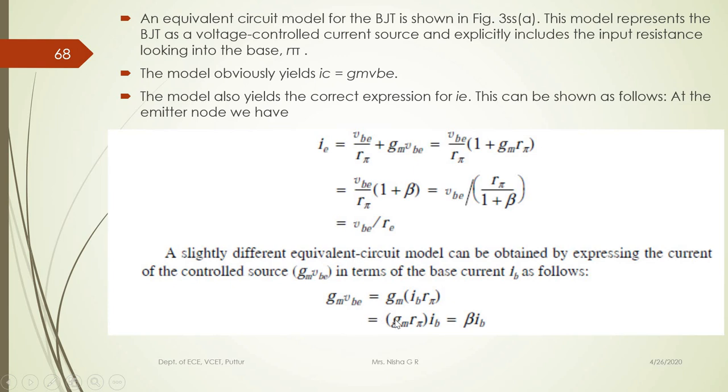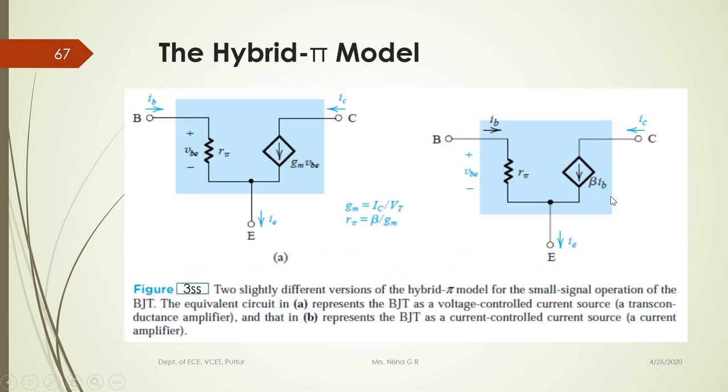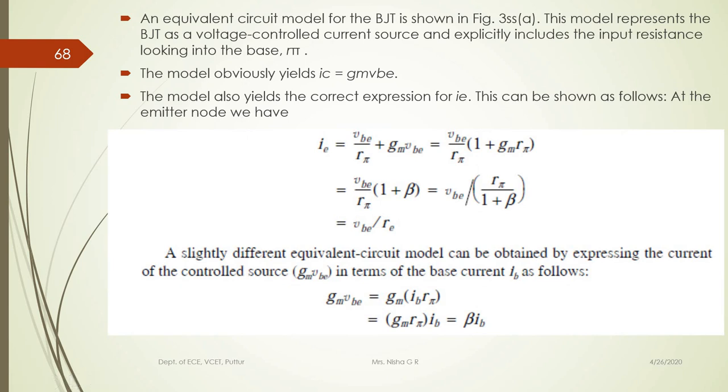Okay. So next, this is with respect to the second figure, the current controlled current source, that is this figure. See, in the exam, you can consider either this one, the voltage controlled current source, or the current controlled current source. You consider this figure only, because the explanation is very easy, so you can write it.